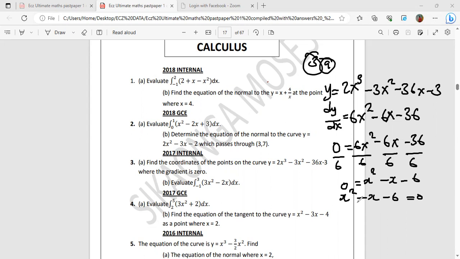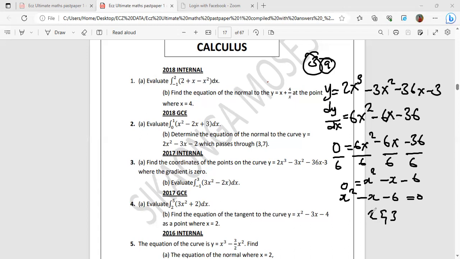Now we can solve using any method. Me, I'll use the factorizing method. The numbers that we add give us negative 1, and we multiply, they give us negative 6. So those numbers are, I think, 2 and 3. Now, how do they arrange themselves?